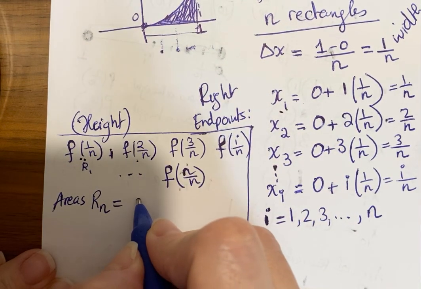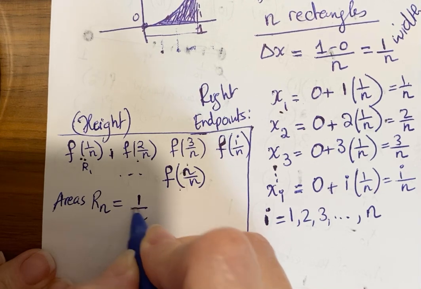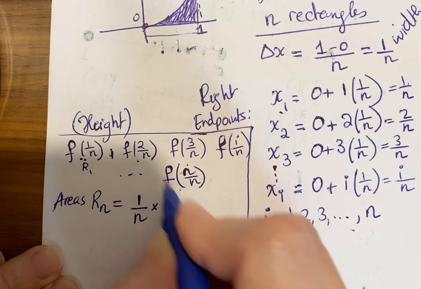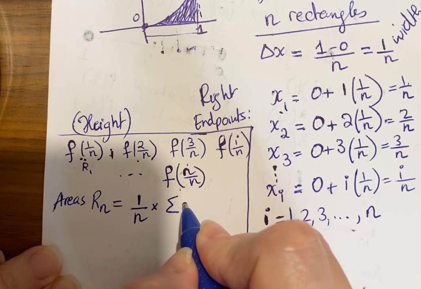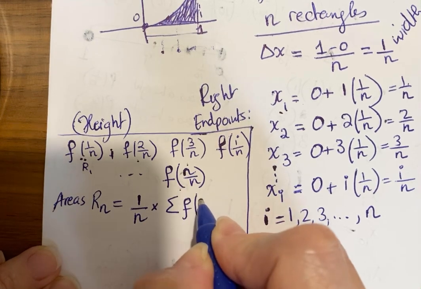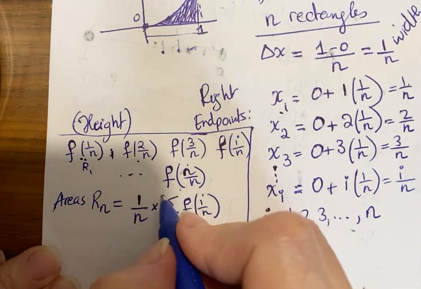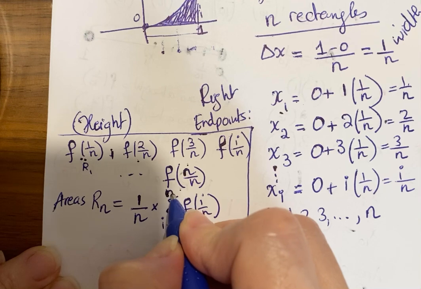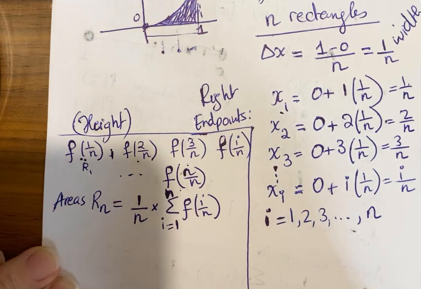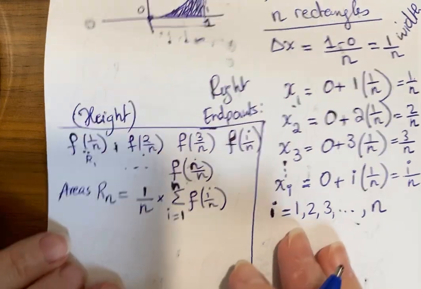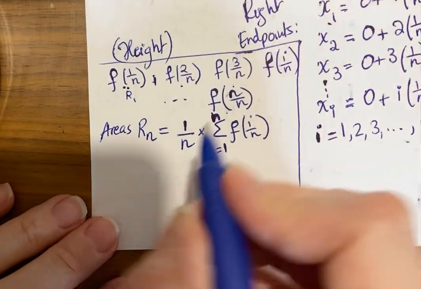So the width is common, so I will take it as a common factor, multiplied by the sum of all those heights. What is the representative of those heights? i over n. What is i starting from? 1. What is it ending with? n. Because I'm taking how many rectangles? n rectangles.